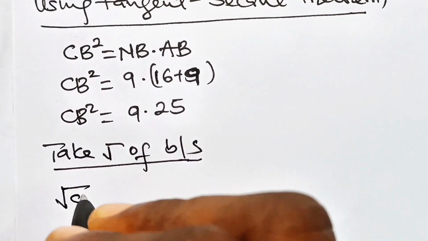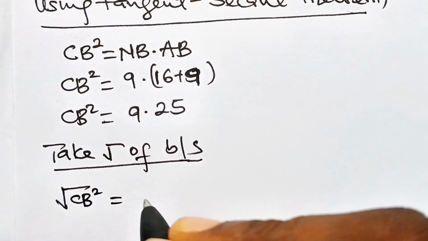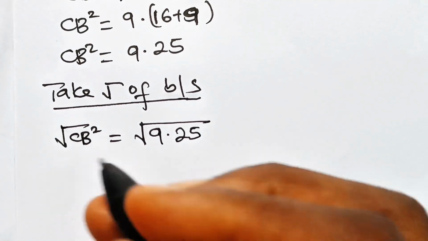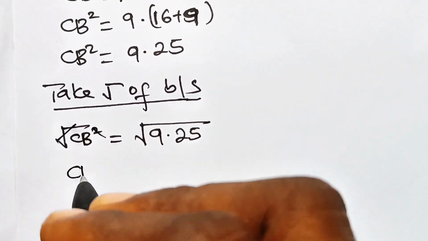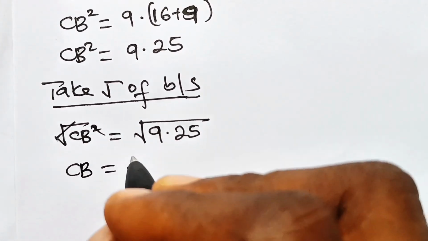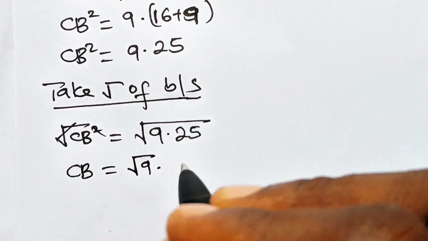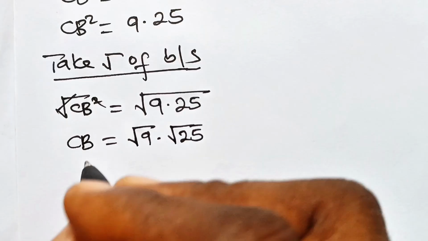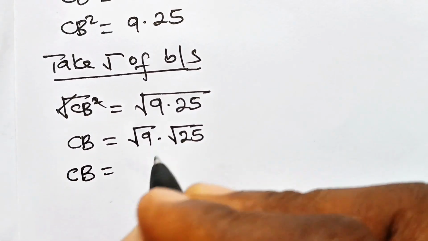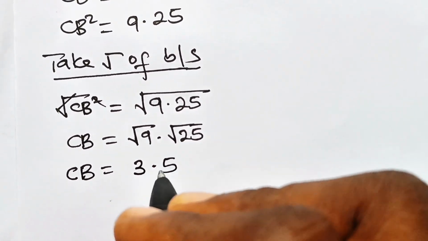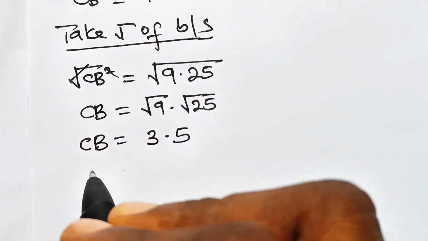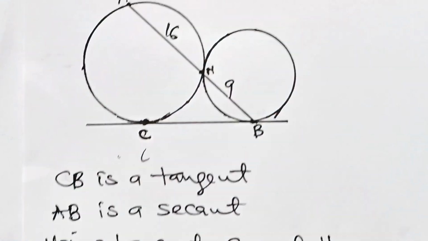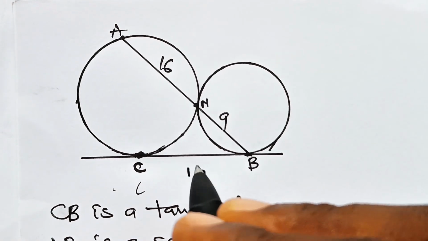We have the square root of CB squared is equal to the square root of 9 multiplied by 25. So CB is equal to the square root of 9 multiplied by the square root of 25. So CB is equal to 3 multiplied by 5. CB is equal to 15. So let's write that, 15.